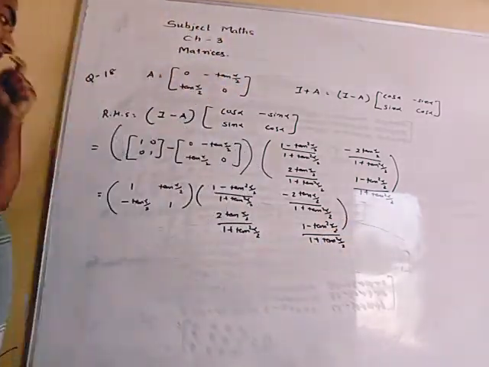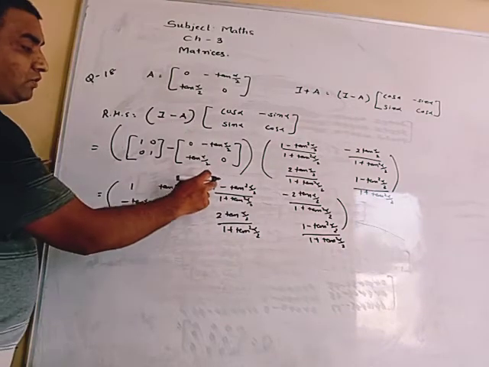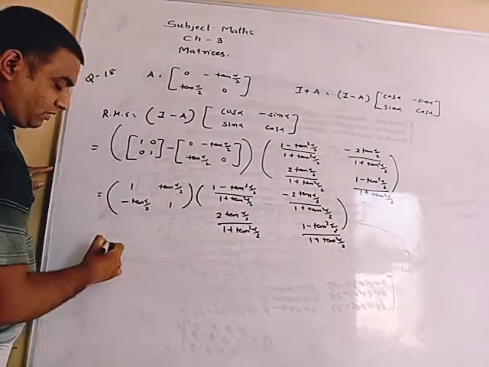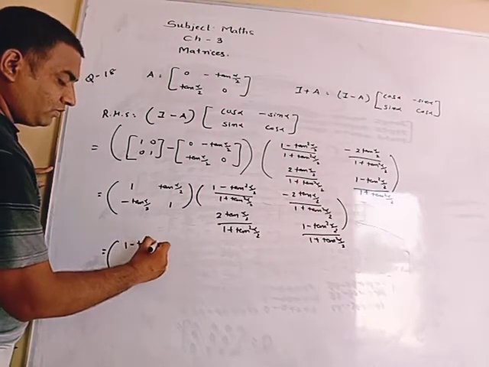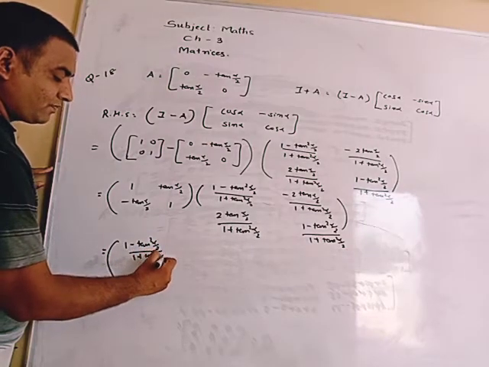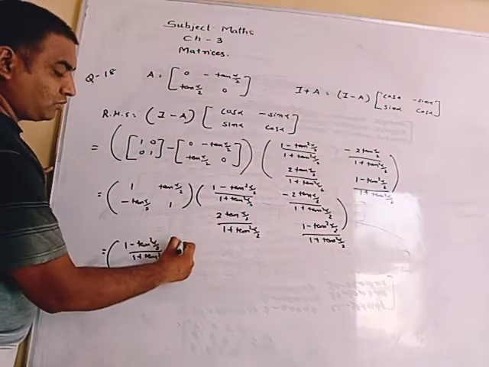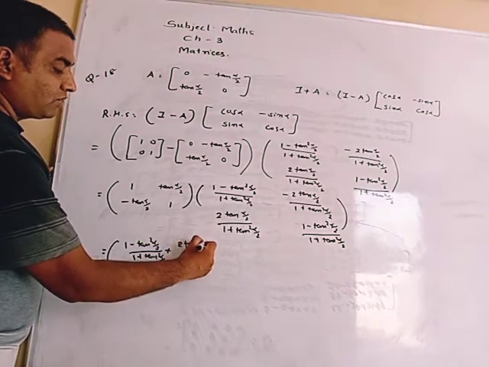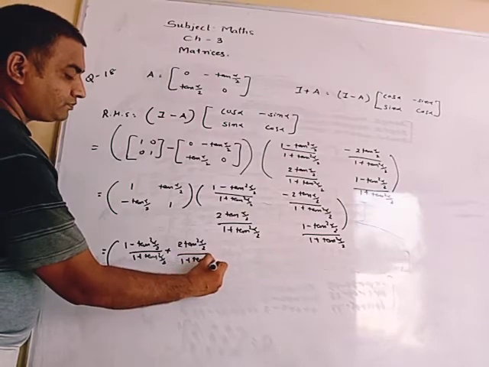So we take the matrix multiplication, row into column. So 1 into this term will be 1 minus tan square alpha by 2 upon 1 plus tan square alpha by 2, plus tan alpha by 2 into 2 tan alpha by 2, so 2 tan square alpha by 2 upon 1 plus tan square alpha by 2.